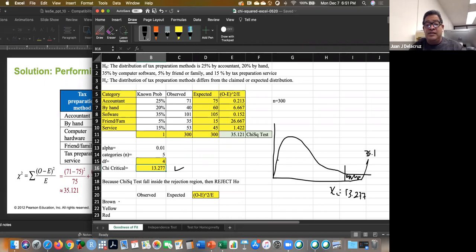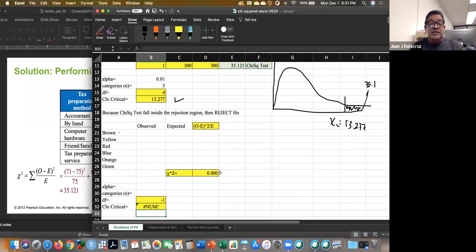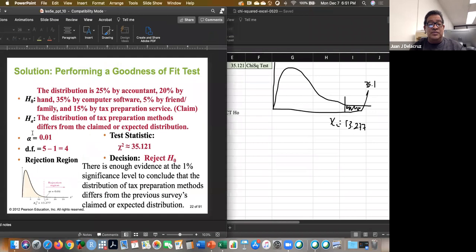So I don't have to use the tables. We just use the Excel function. That's what I was planning to say. So in this case, a very easy test.